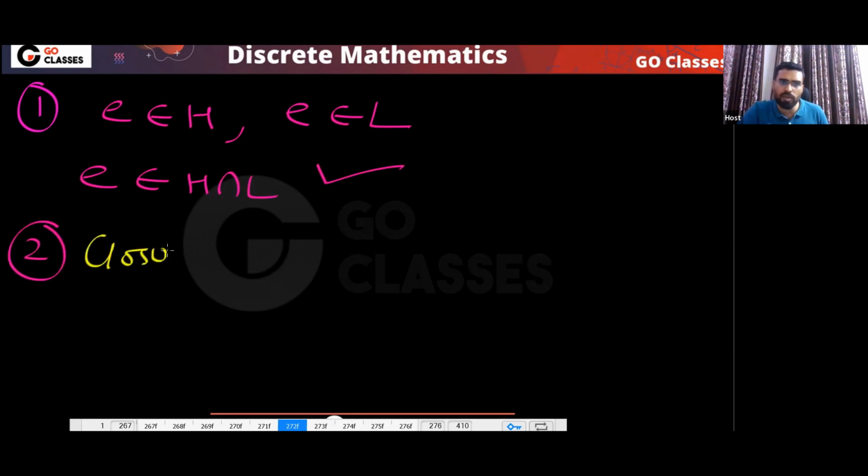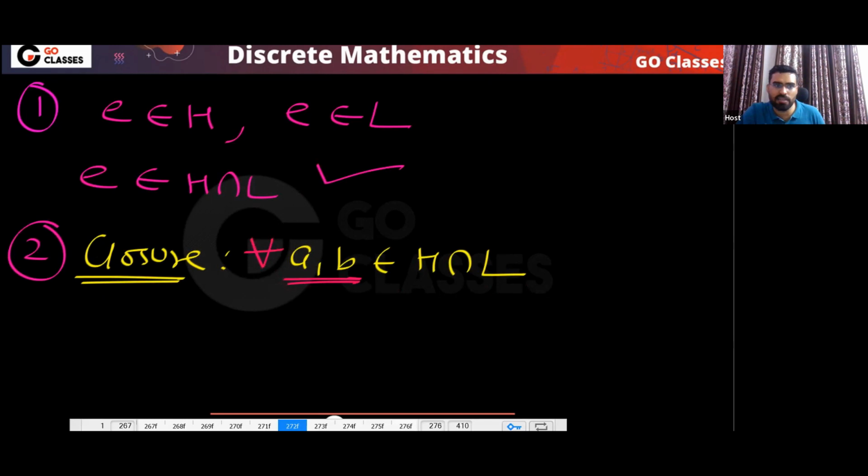Let's see closure property. If you take any two elements in H intersection L, then can I say A star B belongs to H intersection L? This is the closure property.